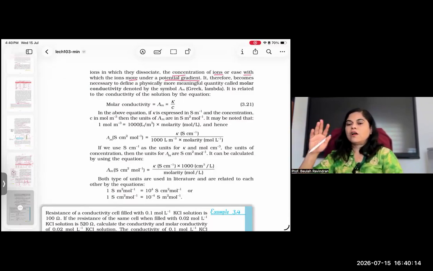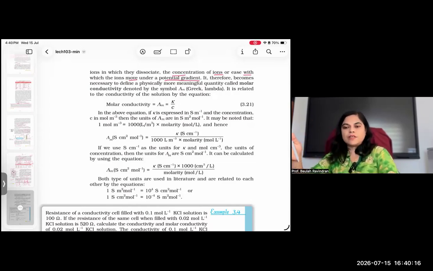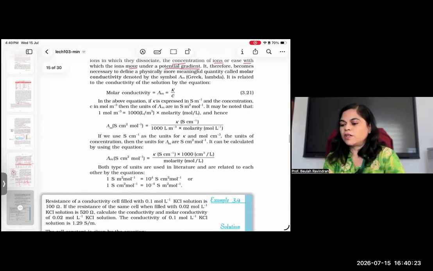So here also, how many ions are transferring with respect to the concentration, like that we have to take. So it is the molar conductivity, designated by this letter.